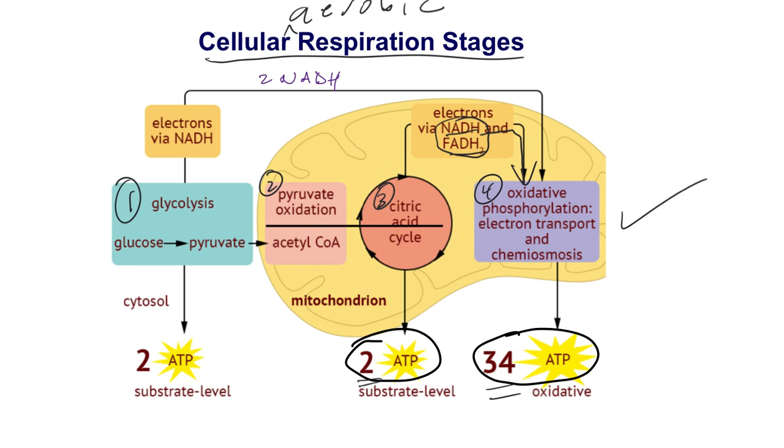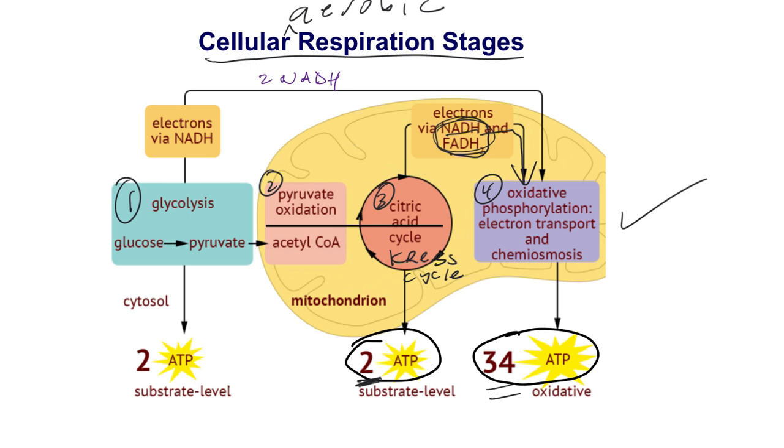So the citric acid cycle, also called the Krebs cycle, charges up a whole bunch of NAD and FAD to make these high energy molecules. So that's a very important cycle right there. But it only makes 2 ATPs. The second stage doesn't make any ATP or NADH or FADH.